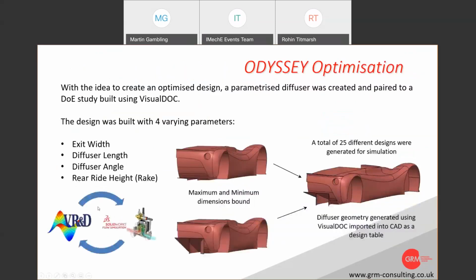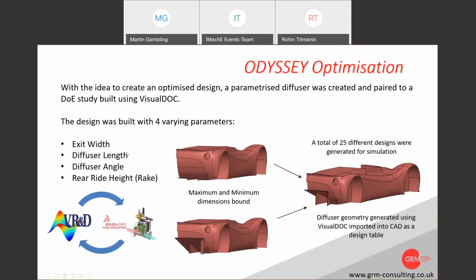So what we did is we used the Odyssey DOE tool, and we considered the parameters of the diffuser. This was all managed based upon the CAD geometry inside SolidWorks. There are other ways of moving things in these tools. You can use morphing tools in the CFD solver or in the FE solver. But here we're just parametrically controlling the CAD and driving that by the Odyssey DOE tool.